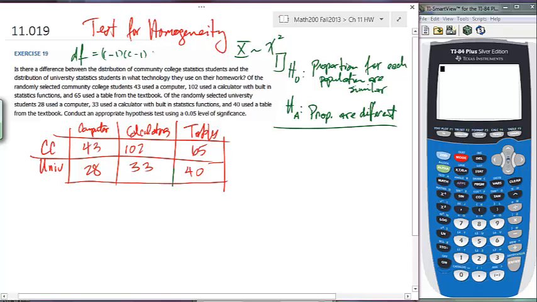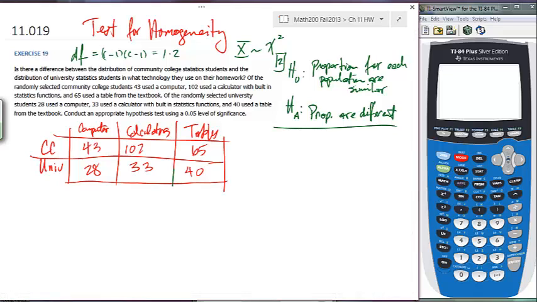So we have 2 rows, so 2 minus 1 is 1, times 3 columns, 3 minus 1 is 2. So a very small chi-squared degrees of freedom value.